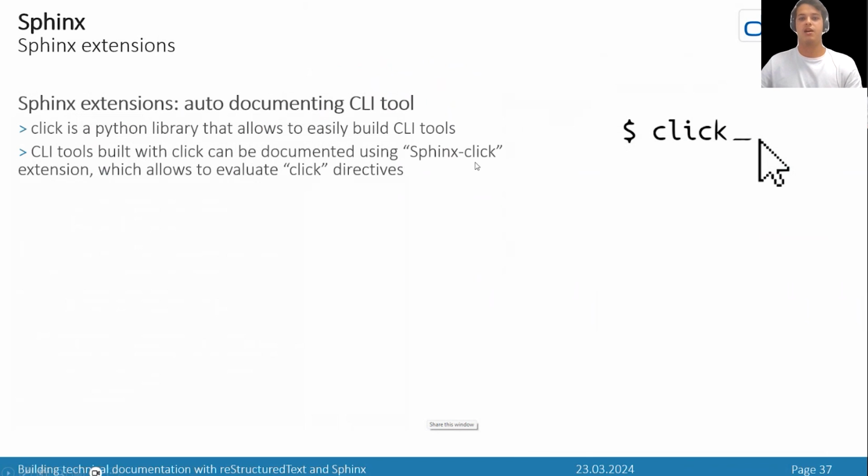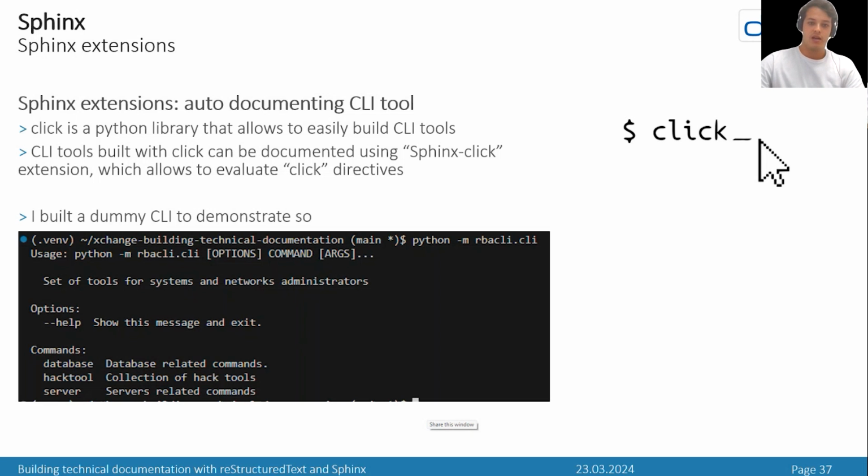Then we have the Click documentation module. Click is a Python library to build CLI tools. And for this example, I built a CLI tool to demonstrate this extension. We can use the Sphinx Click extension.